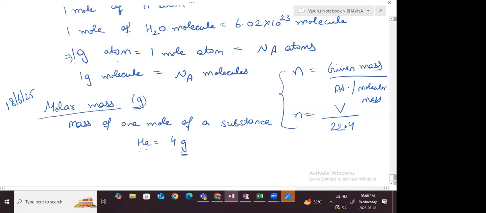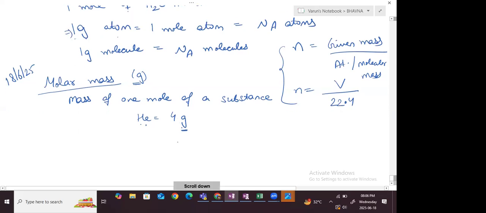Or we can say 6.02 into 10 to the power 23 atoms of helium has a mass of 4 gram. Clear? Gram represents whenever we have to use it for 1 mole basically. Otherwise we use unified mass, that is U.